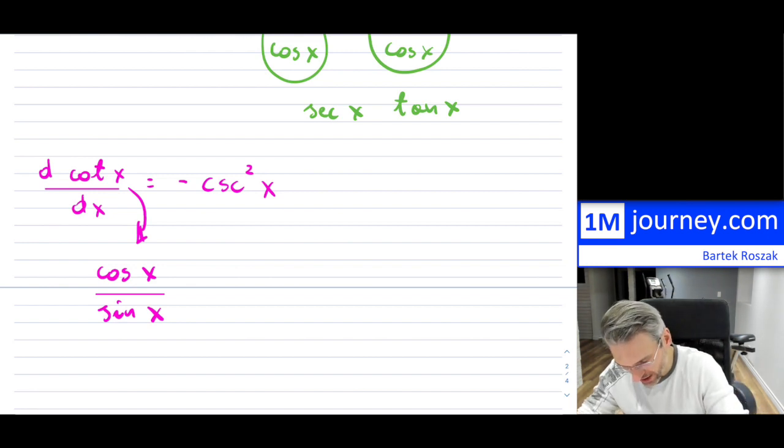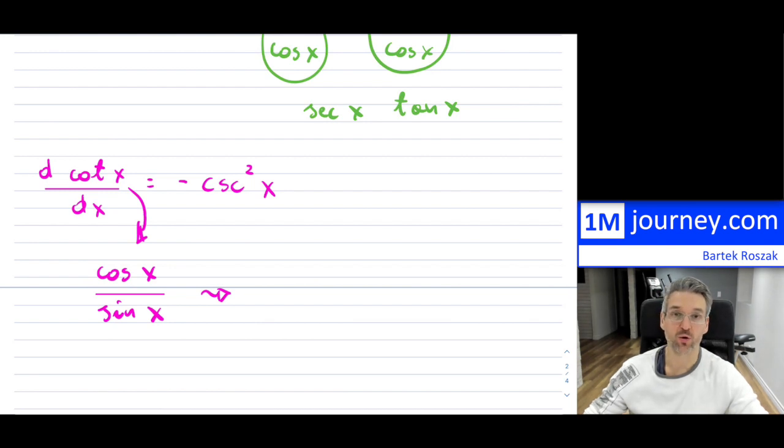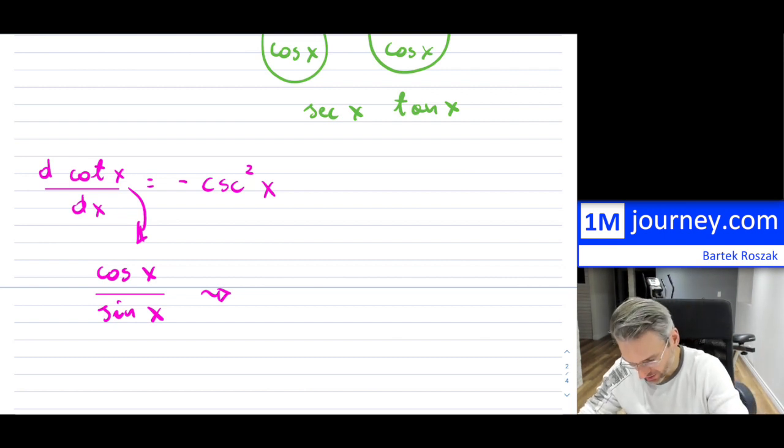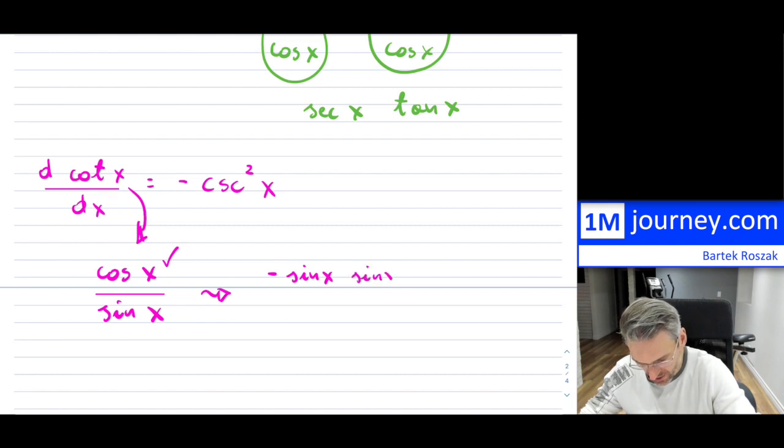So with this, if you wanted to now take the derivative, you can use the quotient rule. And with the quotient rule, you can just simply go ahead and apply. So I can take the derivative of the numerator. Well, the derivative of cos x is nothing else but negative sine x. You multiply it by the denominator, which is just sine x.